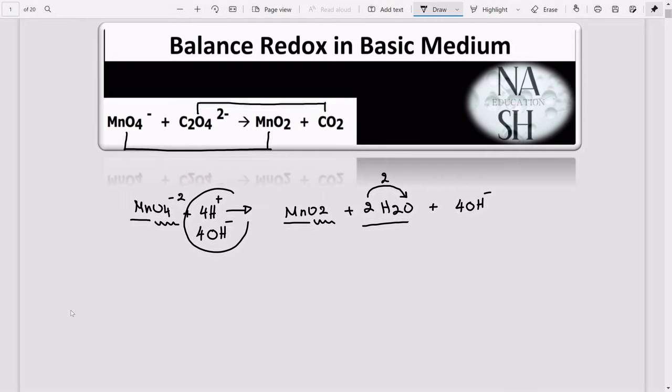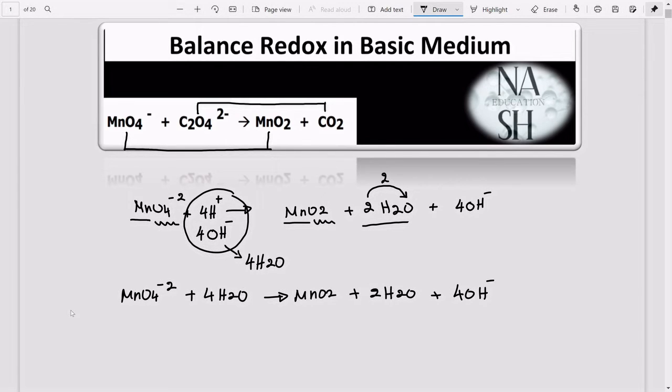4 H plus and 4 OH minus in this case means I added 4 H2O molecules. So my equation will become MnO4 minus 2 plus 4 H2O will produce MnO2 plus 2 H2O plus 4 OH minus. We can see here we have 2 H2O in our product side and we have 4 H2O in our reactant side.